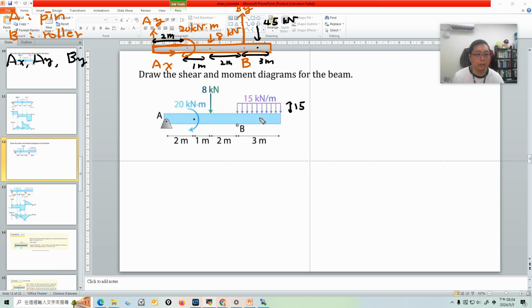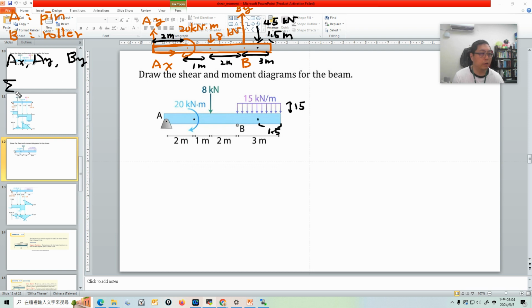I believe the centroid is about here, 1.5 meter. So we do the simplification of the distributed load first, and next we use the rigid body equilibrium to calculate Ax, Ay, and By.